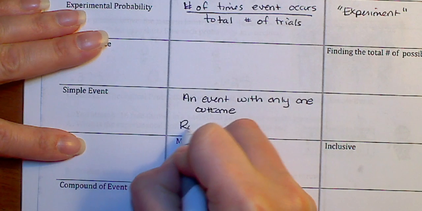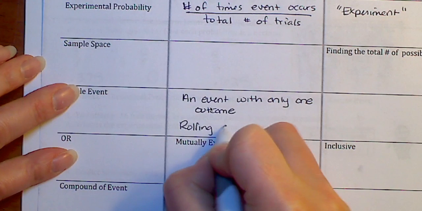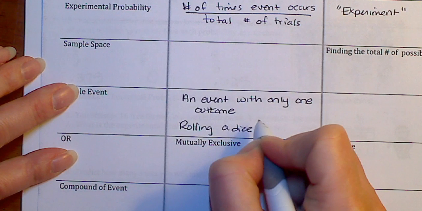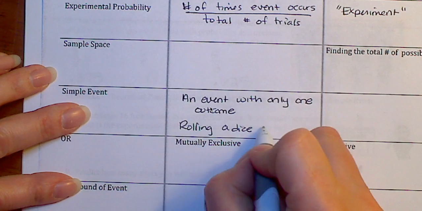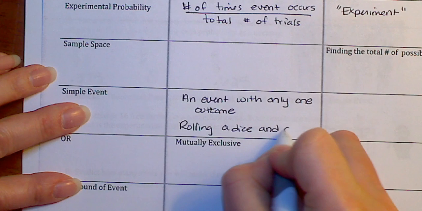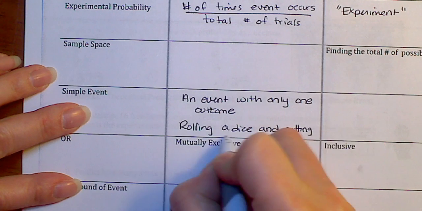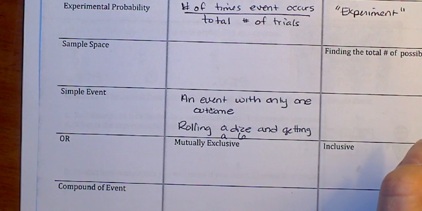Like rolling a dice and getting a 6. Okay, that would be a simple event.